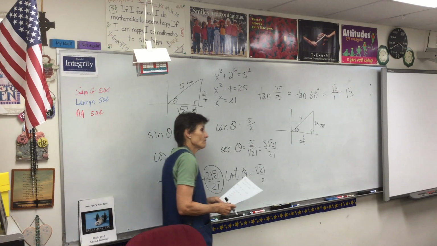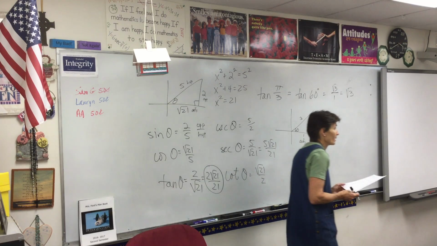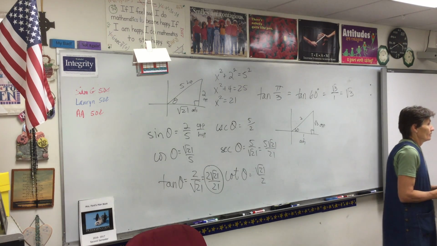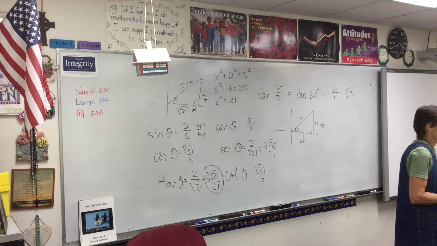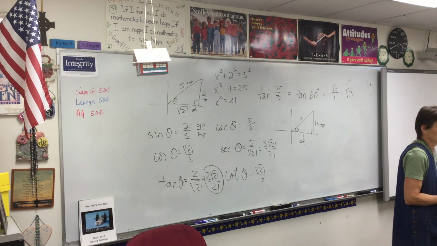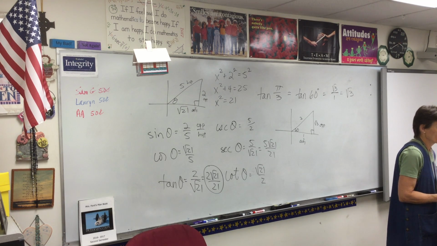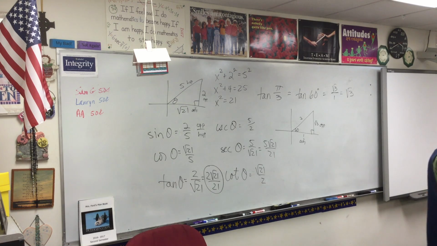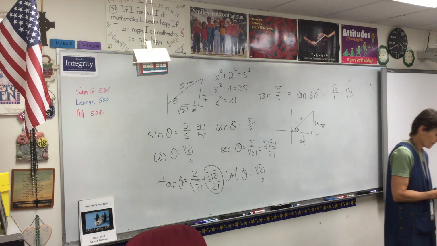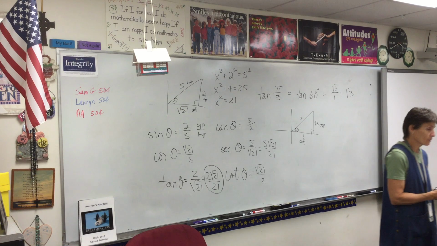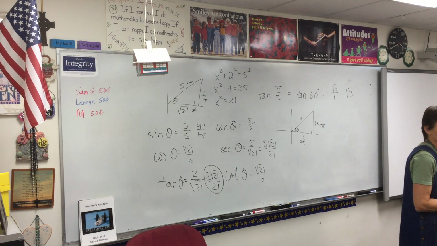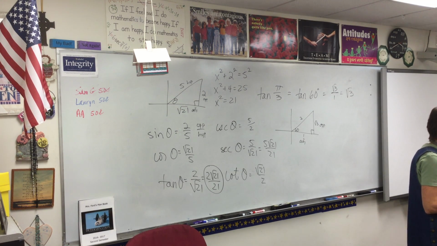Okay, which function is r over x? Think about it. It's secant. X over r is cosine, so secant would be the reciprocal. That is exactly right. What is the reciprocal of cosecant? Sine.